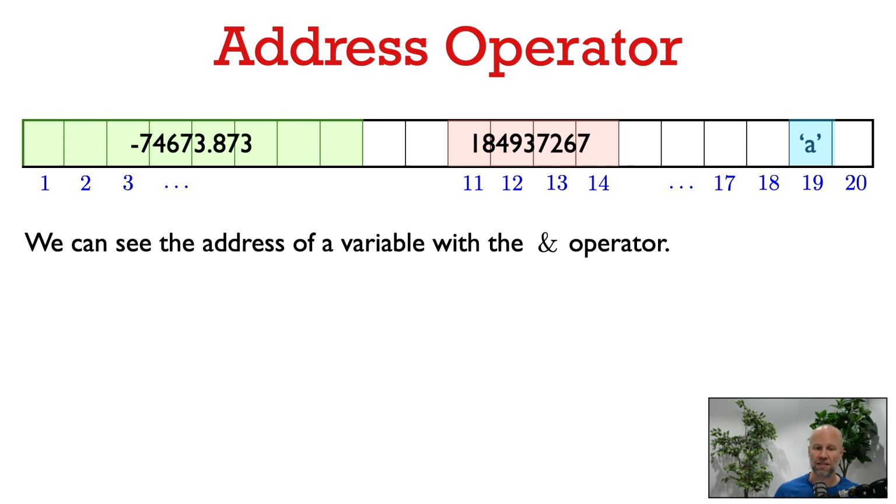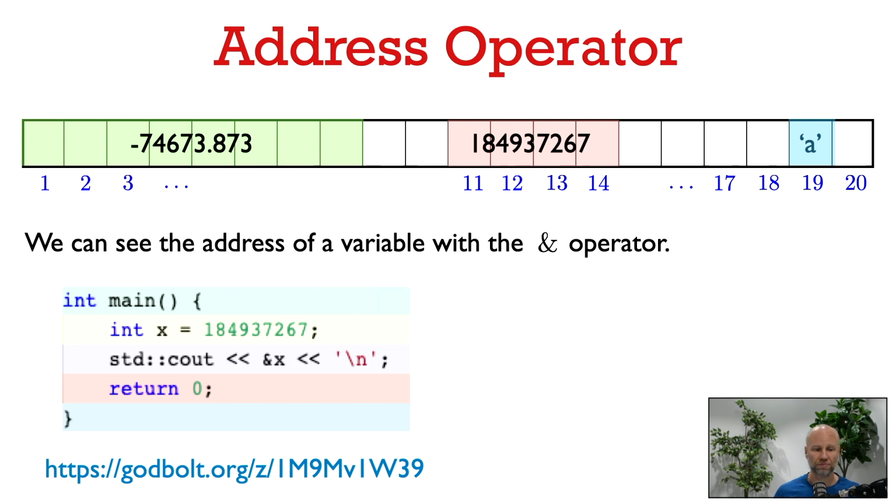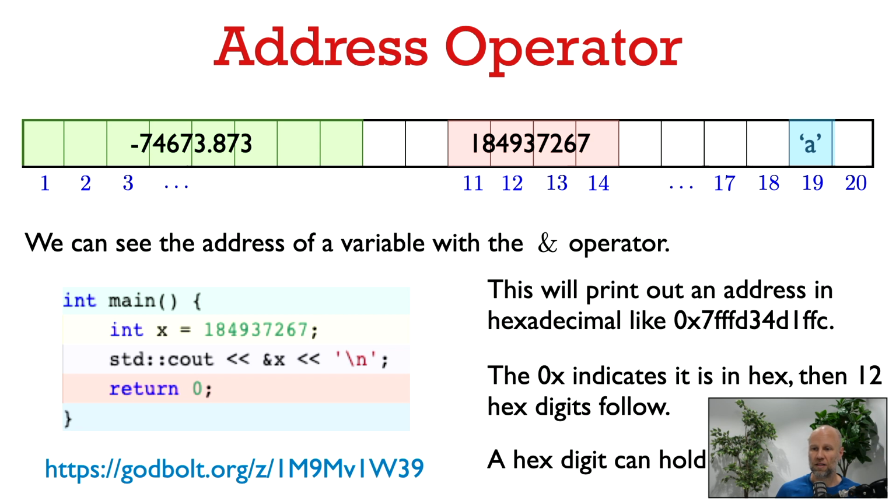We can also see this in real code. So here's a code snippet where we define an integer variable x, and then we print out the address of x. So this is going to print out some number.